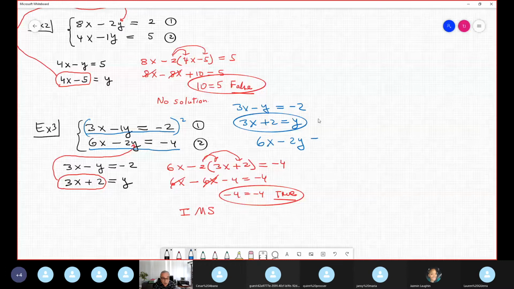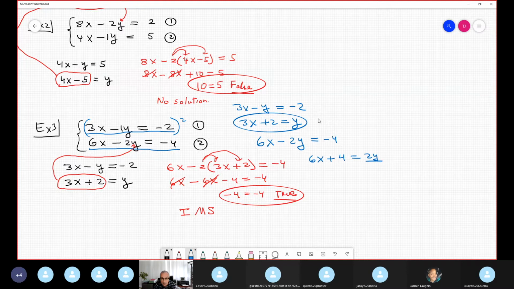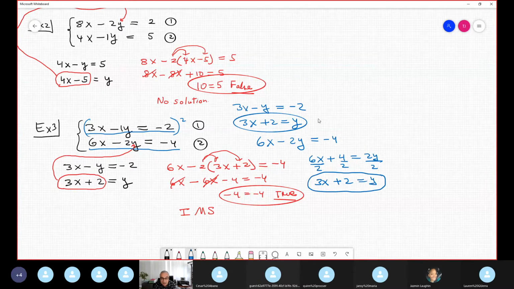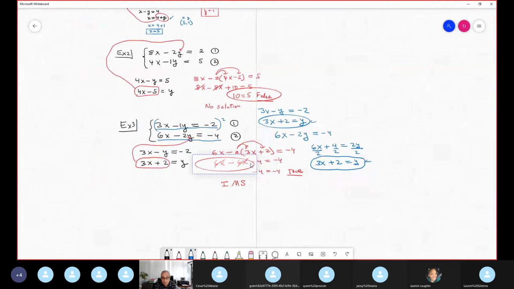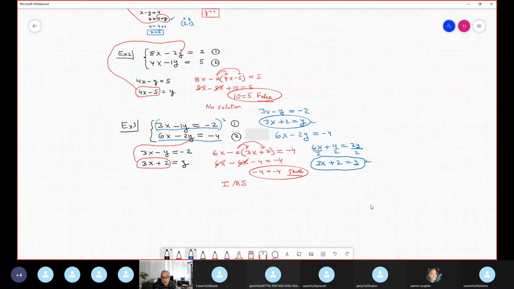I try to solve for y. So it says 6x plus 4 equal to y. When you divide it by 2, we have 3x plus 2 equal y. Wow, look at that. This is exactly the same as this. That proves that this is the same line. That is the reason that we have infinitely many solutions, of course, because they are perfectly coincident, 100% coincident, the lines.